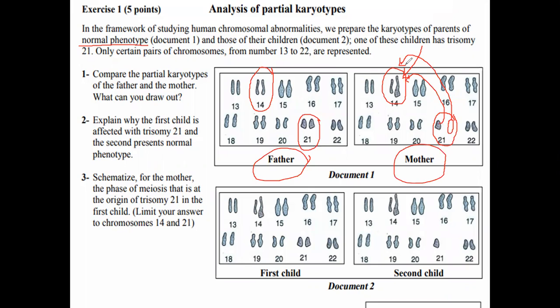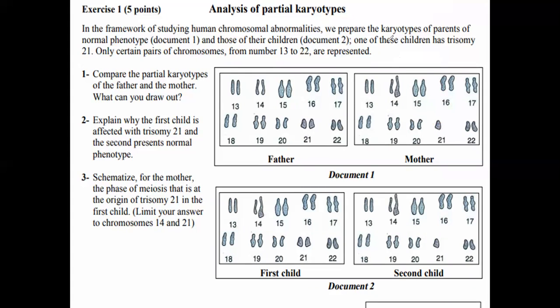Moving now to part 2. They said, explain why the first child is affected with trisomy 21, and the second one presents a normal phenotype. Let's have a look at the karyotype of the first child and that of the second child. They said that the first child is affected with trisomy 21.